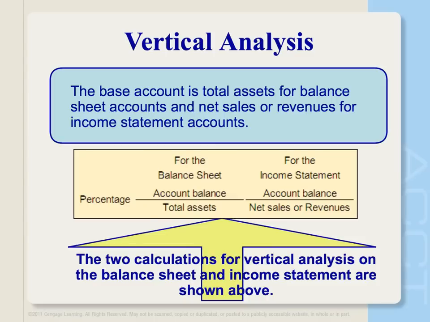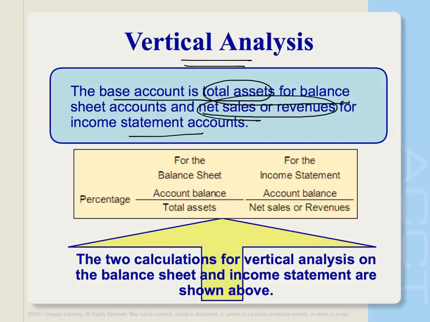So vertical analysis is based on an account, okay? It's based on the total assets for the balance sheet and net sales or revenues for the income statement accounts. What this means, different from horizontal, is for the balance sheet, you're going to use the account balance divided by the total assets for every single account balance.